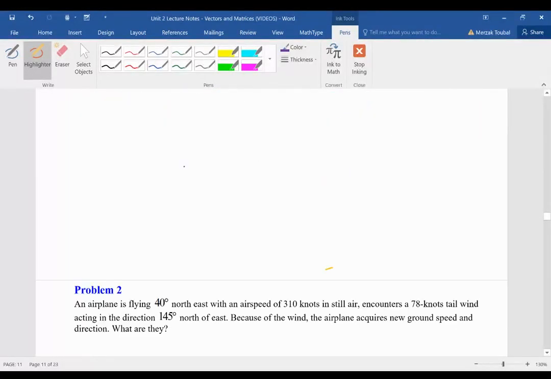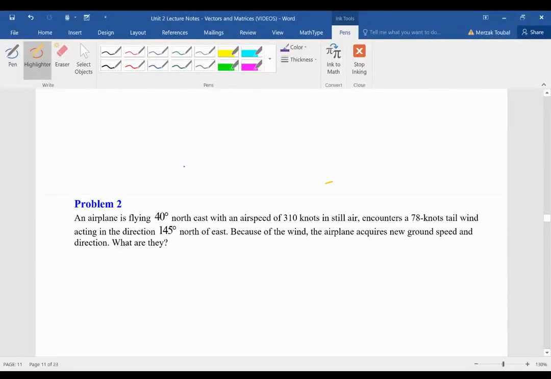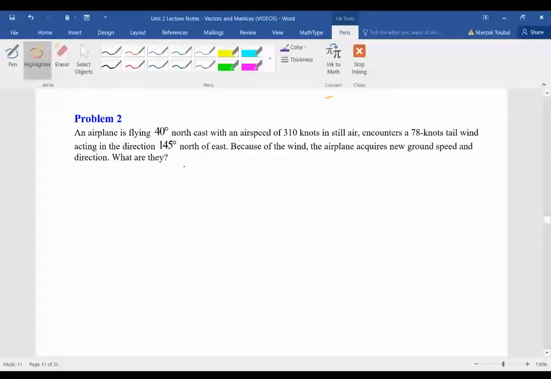All right, let's move on to the last problem. Last problem, which is: an airplane is flying 40 degrees northeast. So let's draw a figure. If this is east and this is north and this is south and this is west, then 40 degrees northeast will be this.